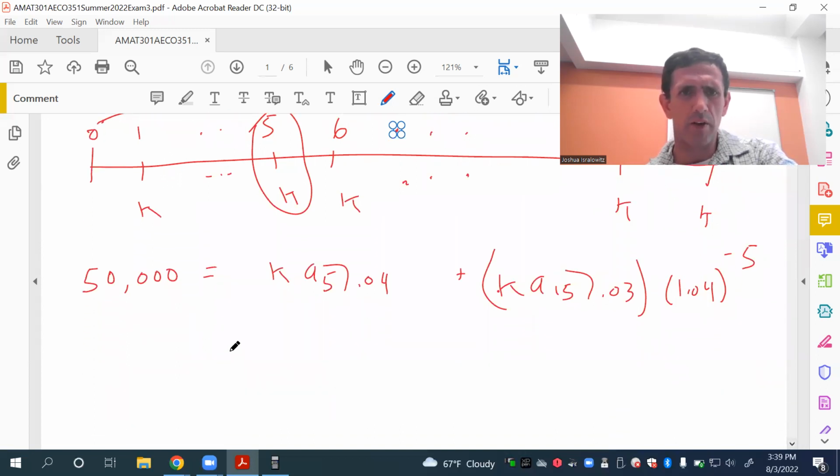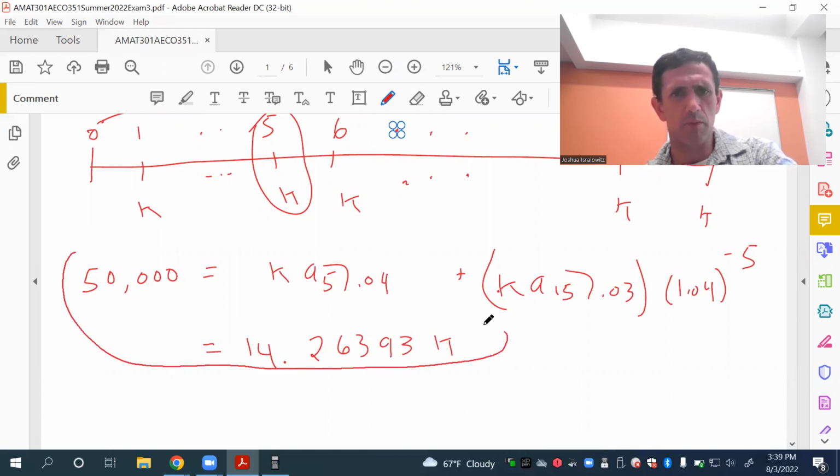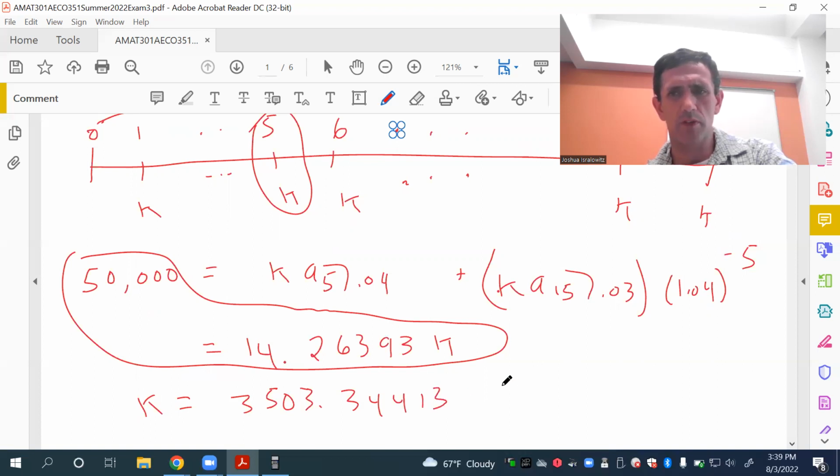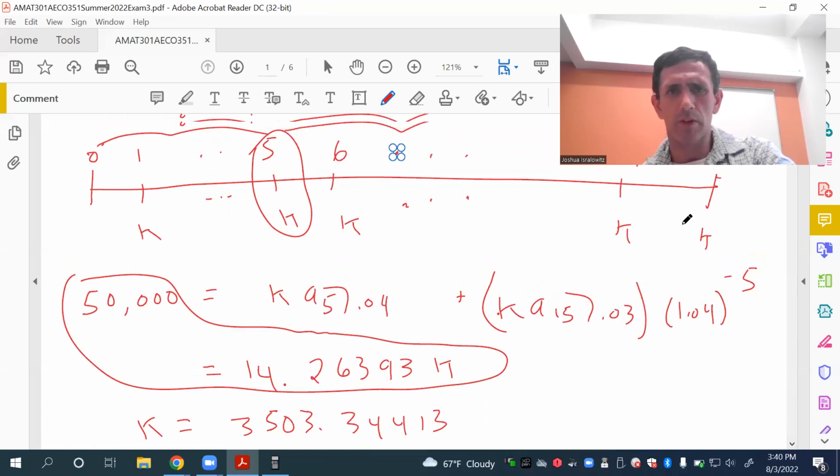Dump this into a calculator or your formula, and you get 14.26393K. So 50,000 is 14.26393K. So K is 3503, roughly 34 cents.